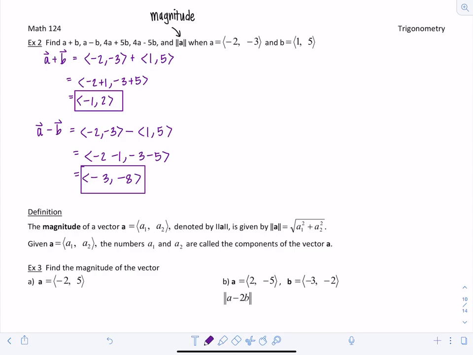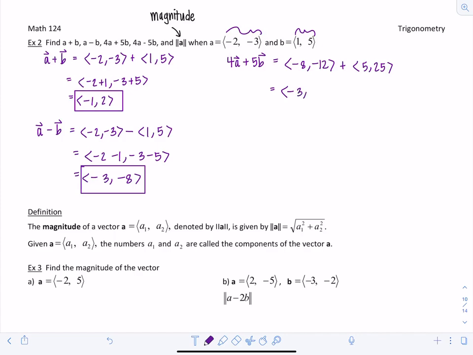And then moving on, now I need to do 4a plus 5b. So that's going to be 4 times a, which gives me <-8, -12>, plus 5 times b, which would be <5, 25>. And then hopefully you guys can just add them together in one step now.